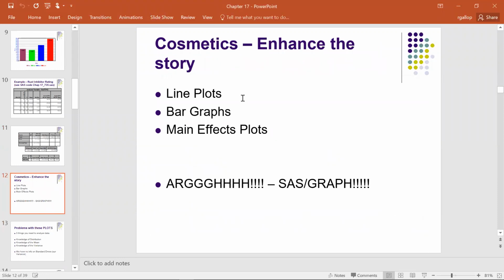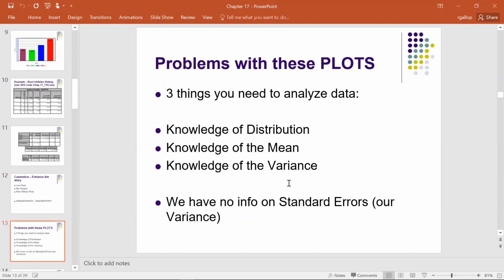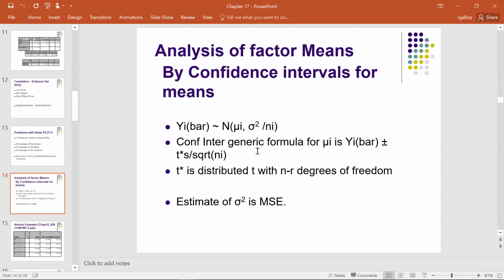Again, we saw some of the cosmetics all within the SAS graphs. Again, we highlighted the problem with the plots, where you need knowledge of the distribution, knowledge of the mean, knowledge of the variance. This is our formula for the confidence interval for the cell means.